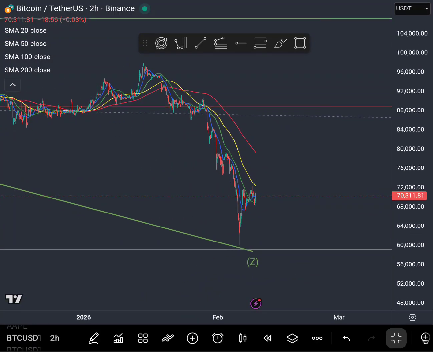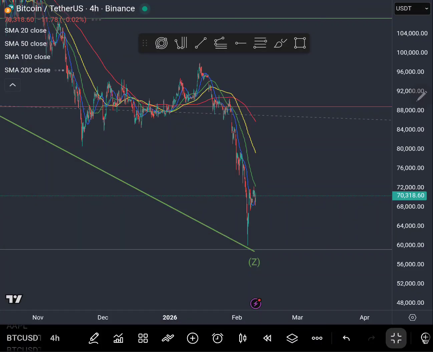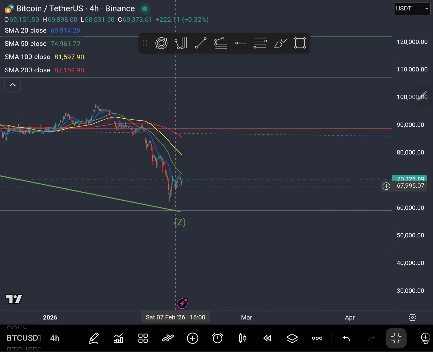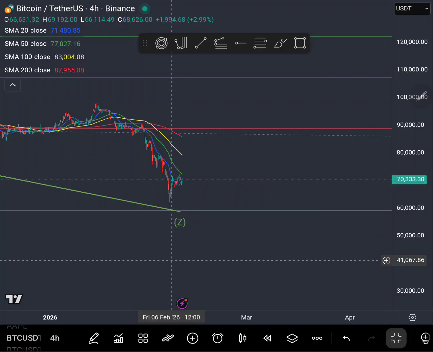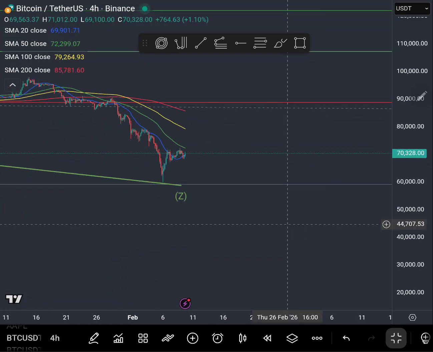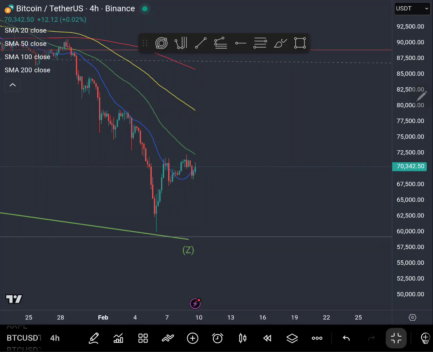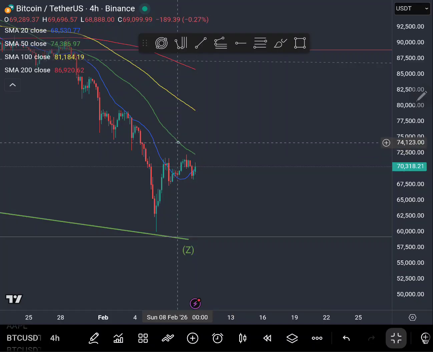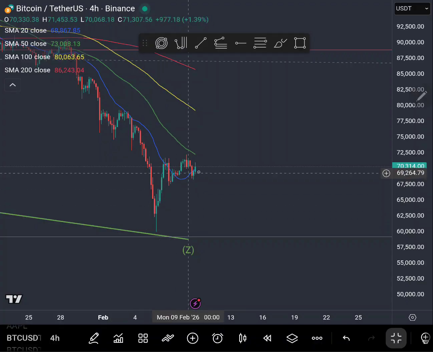But like I said, if we look at the 4 hour, okay, so here's the 4 hour. You can see where it is right now. It's correcting, and you can see there's the 20 moving average, it's right there. The 50 moving average is coming down here. Price might come up.